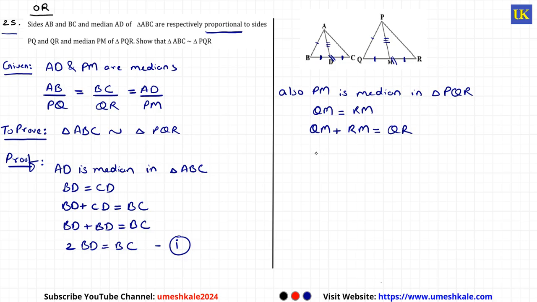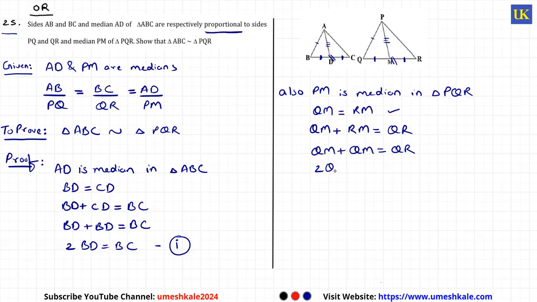So I will write here QM plus QM is equal to QR. What I did is instead of RM, I am writing QM because both are the same.